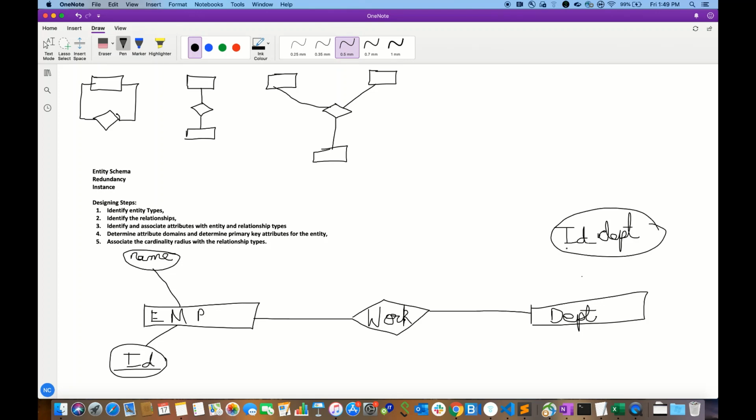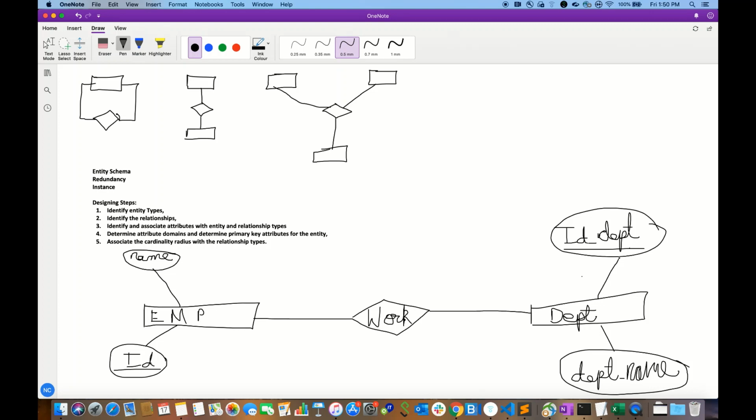So it is a primary key and it should be underlined, and another attribute might be department name. As it is not a primary key, we need not underline. So both of them are also connected to the department.